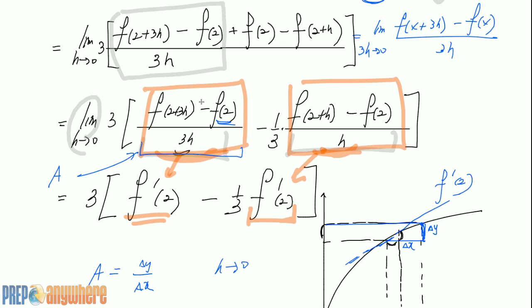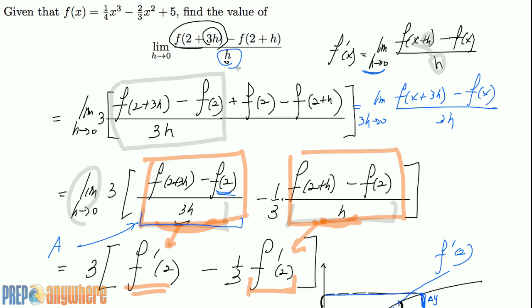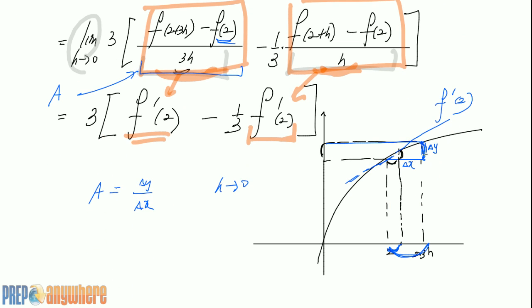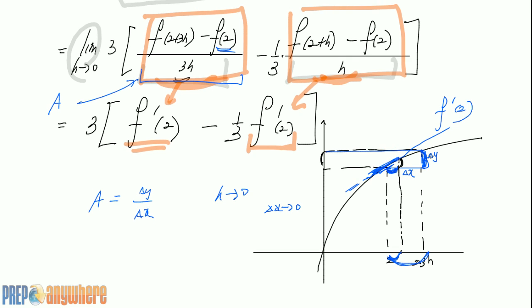So the problem before, in the beginning of the question, we had over h. That means we're doing this divided by that. For the comparison between these two, there's no guarantee that as delta x approaches 0, it will approach that instantaneous tangent. That's a problem, right? So that's why I put it over this whole thing by forcing it to be 3h.